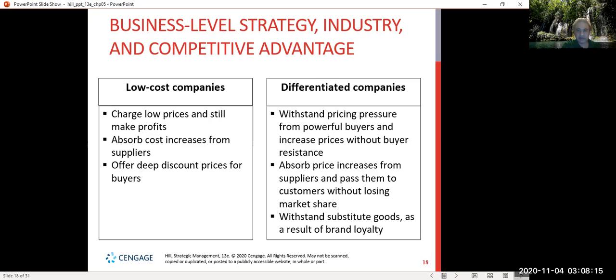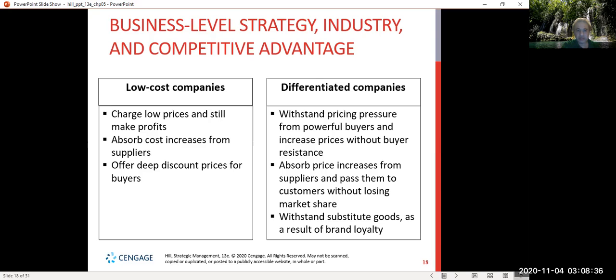The differentiated company is also protected against each of Porter's five forces. The brand loyalty associated with differentiation can constitute an important entry barrier, protecting the company's market from potential competitors.